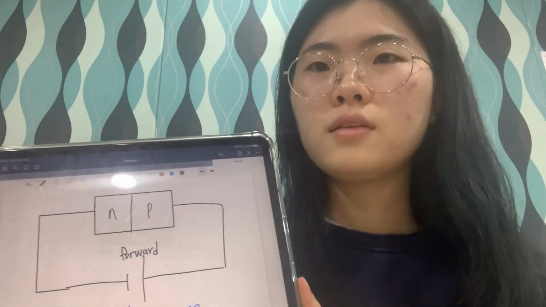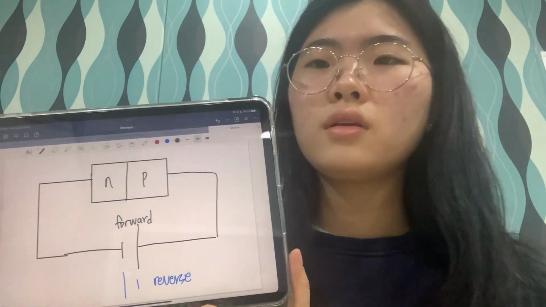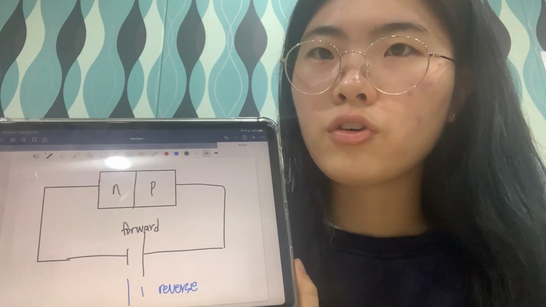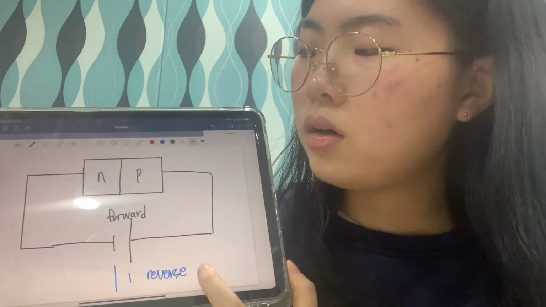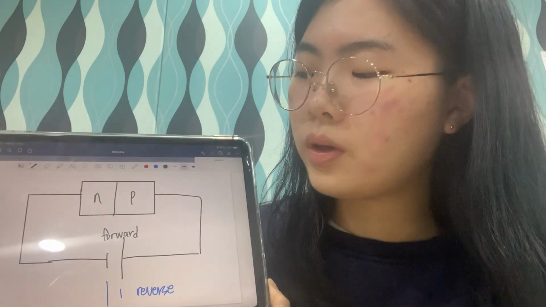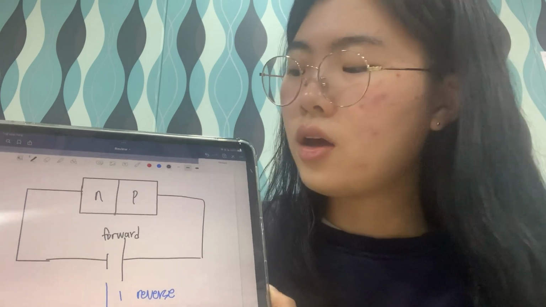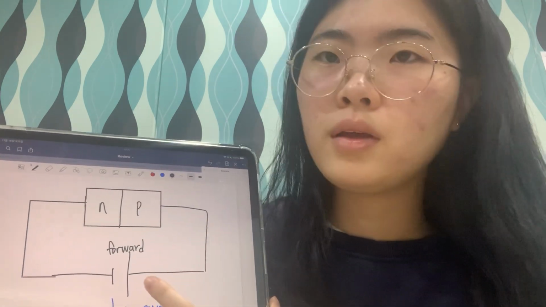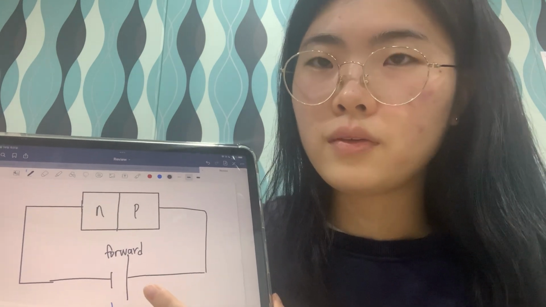Then let's talk about applying voltage to the PN junction. This is a PN junction and we can apply voltage. If we apply positive voltage, we call it forward biased.